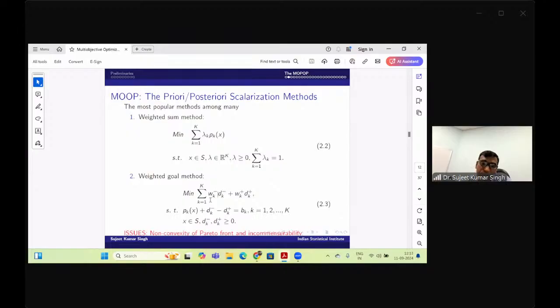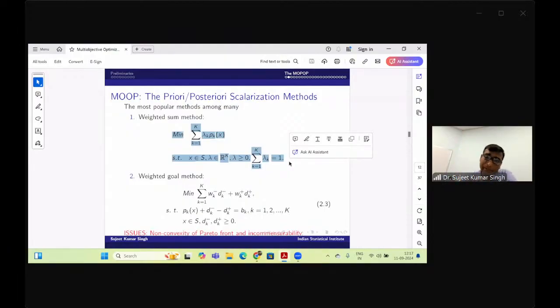And the most prominent issues are the non-convexity of the Pareto front and incommensurability. So what is non-convexity? It means if you are trying to solve the multi-objective problem using such types of methods, then the Pareto front that we get can be a convex shape or it can be a non-convex shape, any type at the end.